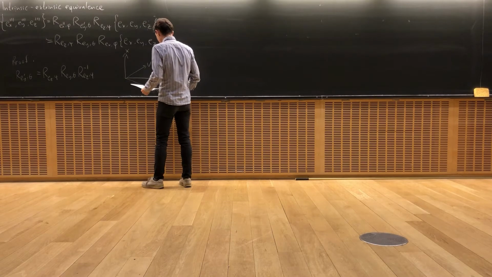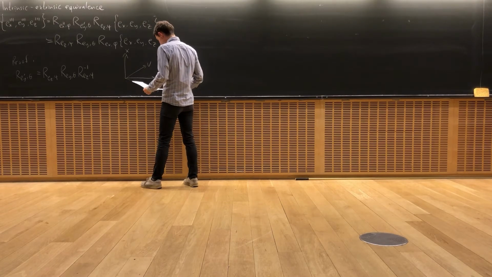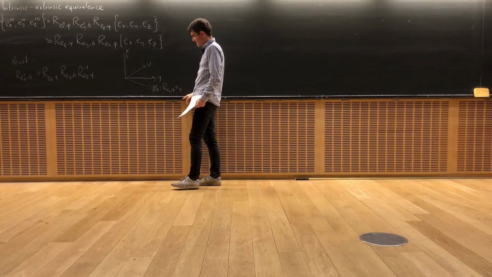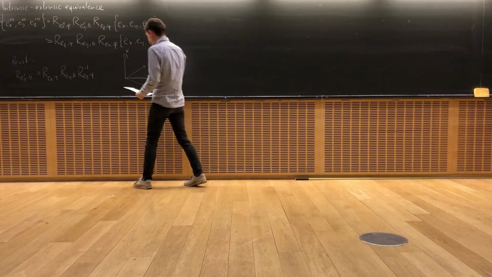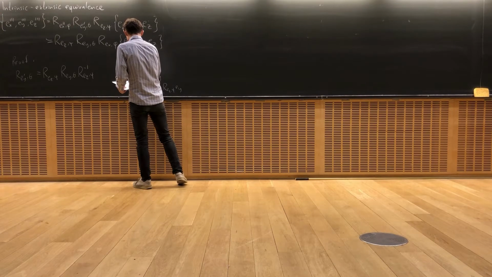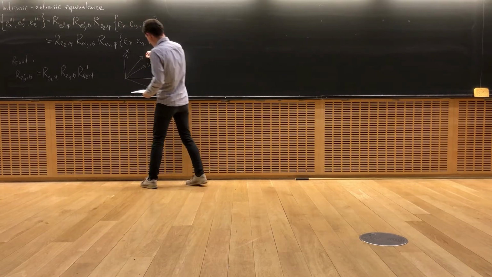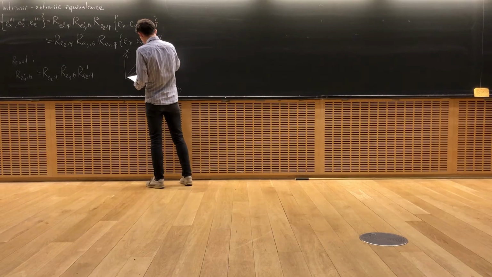Then, if I now take the inverse rotation, which should be minus 20 degrees, and apply that to my v vector, I'm going to end up here, about.